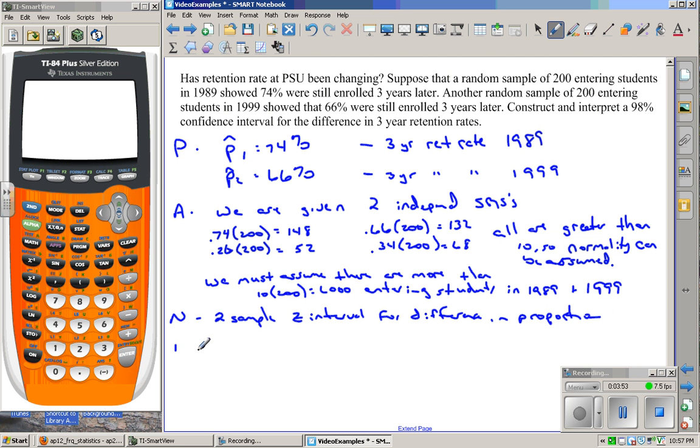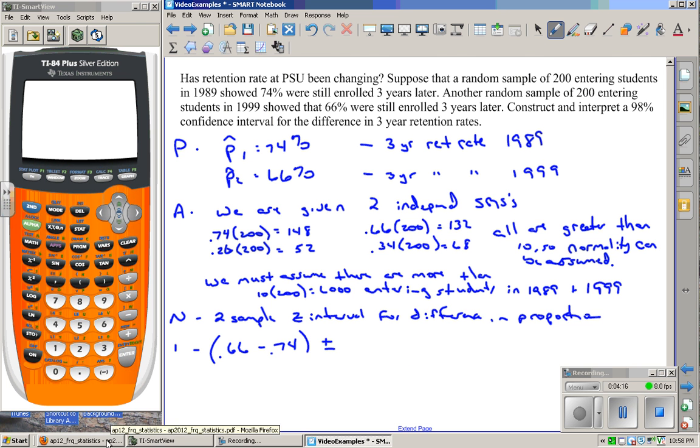Right, and then we're going to set this up. We're going to construct the interval for the difference in the 3-year rates. Let's do 1999 minus 1989, so 0.66 minus 0.74, plus or minus a z-critical value. We wanted 98%.